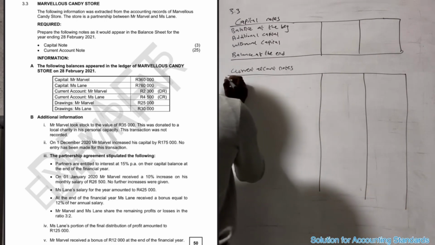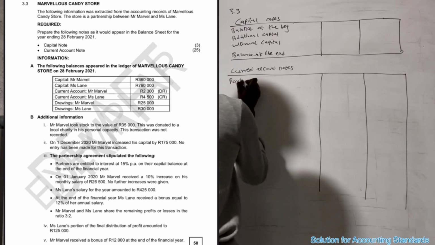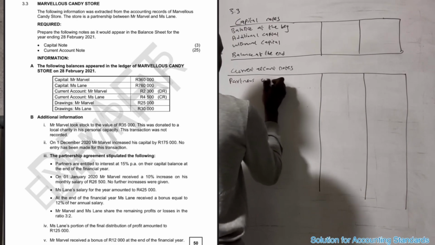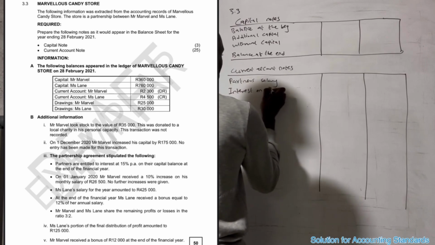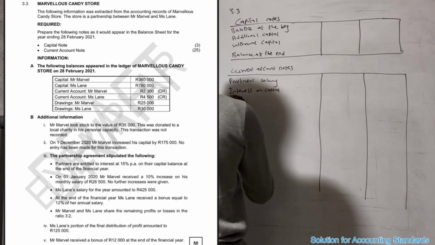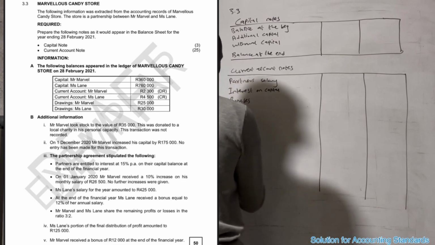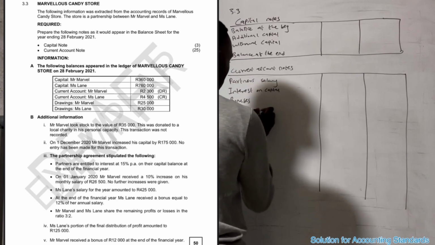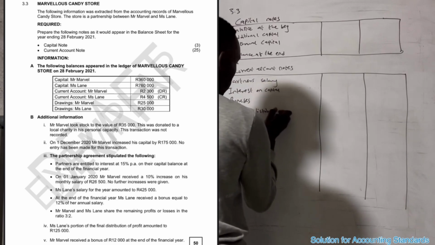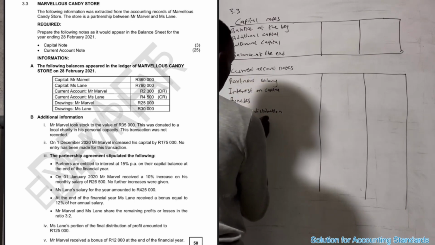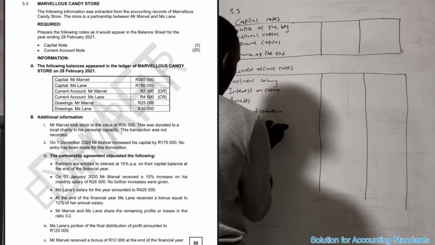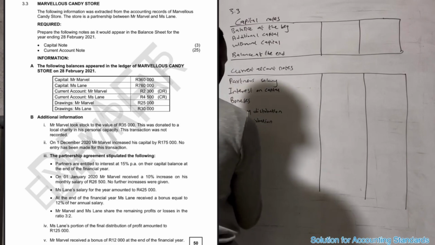We're going to have a partner salary, interest on capital, bonuses, primary distribution, the final distribution, net profit.